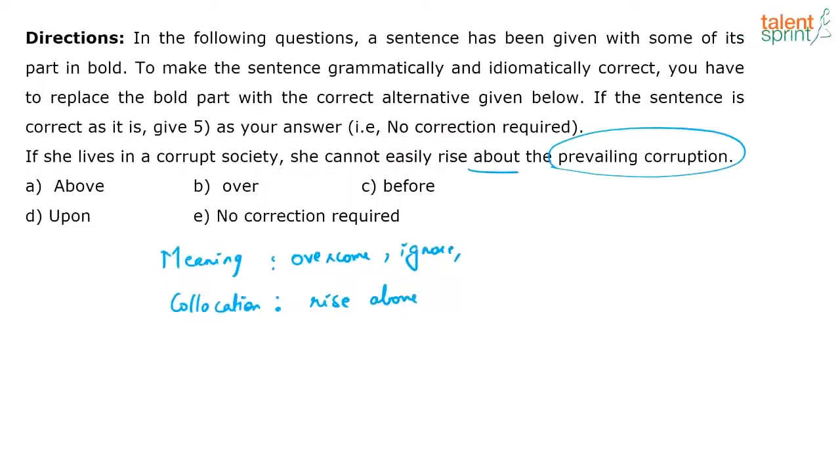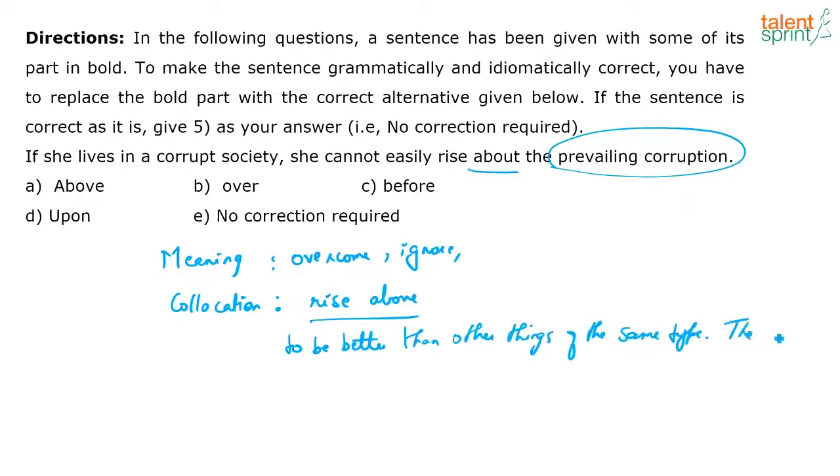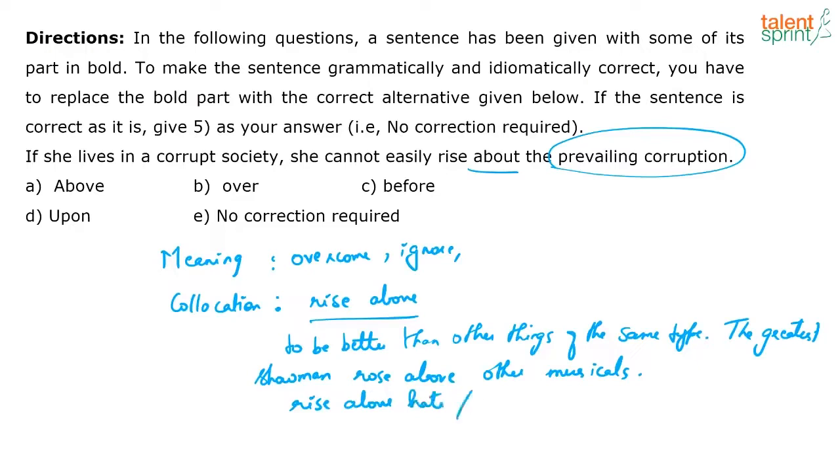Yeah. So good. You give me the right context: to be better than other things of the same type. So that's the example that I gave. The Greatest Showman, this movie, rose above other musicals, right? Yeah, that's one. And some of your contexts: to rise above hate, to overcome.